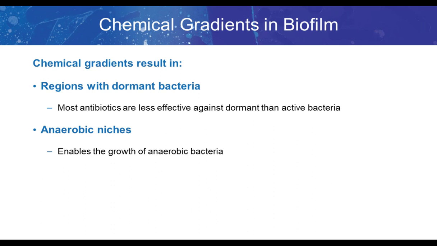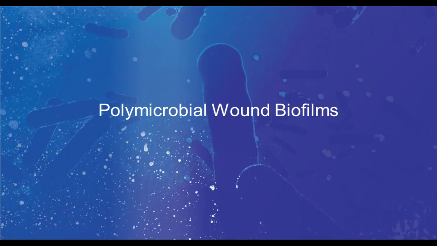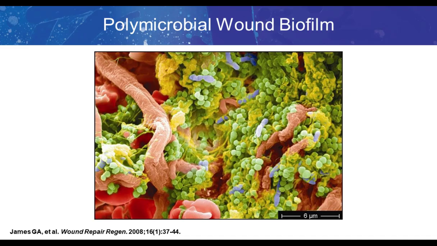And that leads into the next topic I want to talk about, which is the polymicrobial nature of wound biofilm. So here's a scanning electron micrograph that's been colored, just showing that there are different bacterial morphotypes representing different bacterial species in this wound specimen.